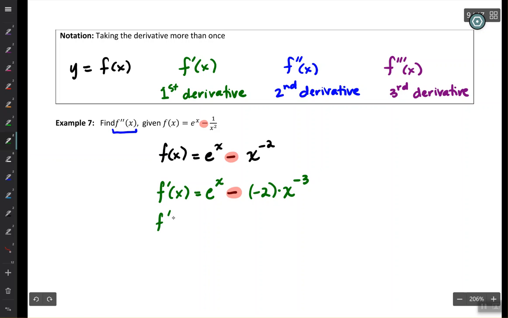Let's just clean up that minus a minus. Minus a minus 2 will be plus 2 times x to the minus 3.